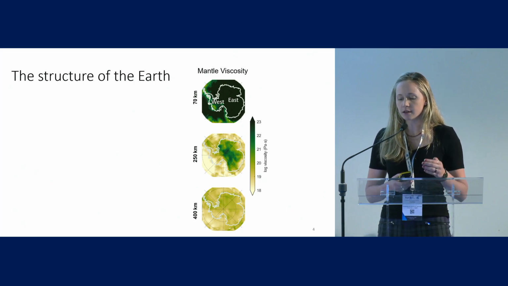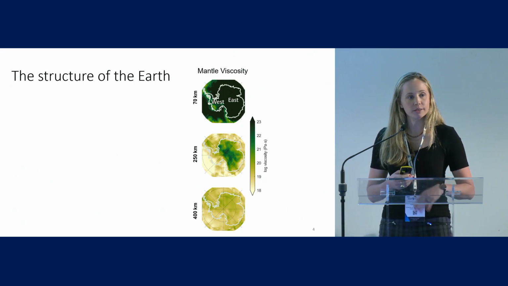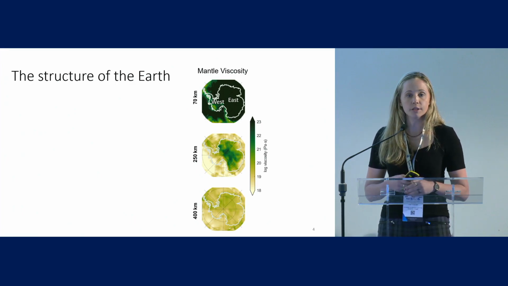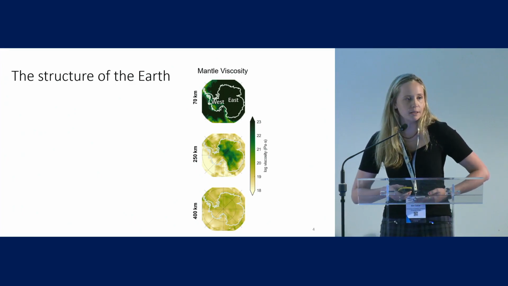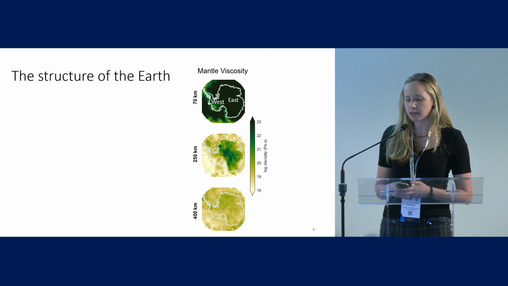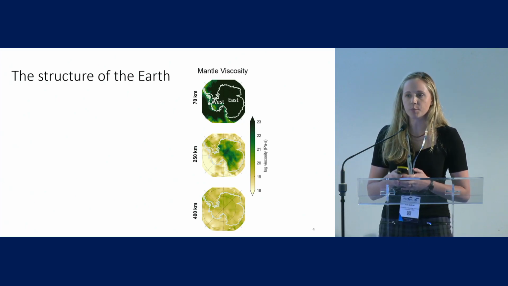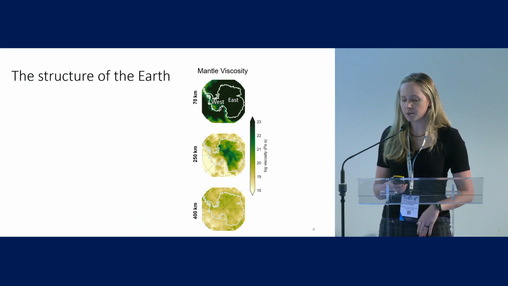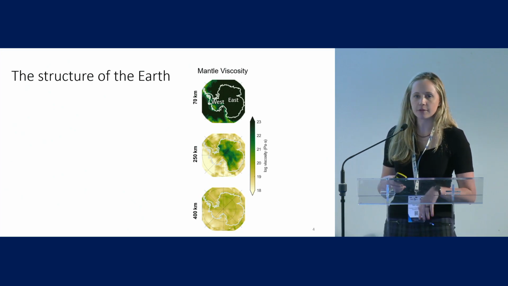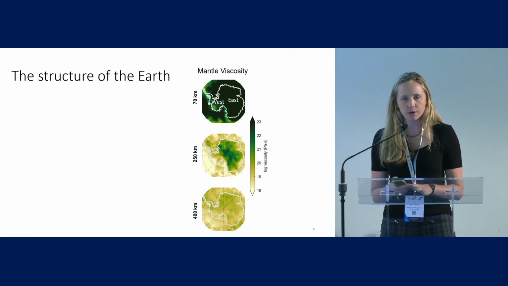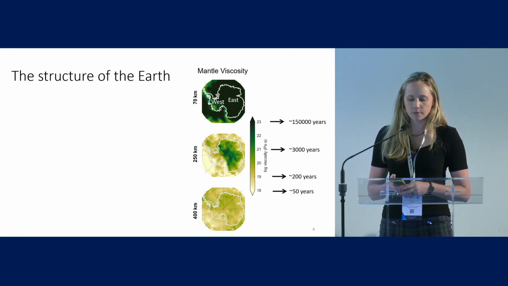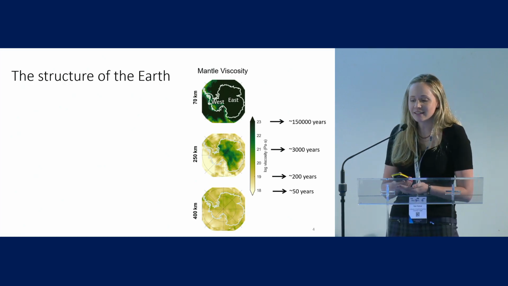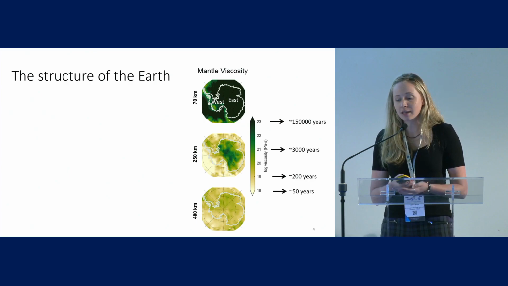In West Antarctica, already at 70 kilometers depth inside the mantle, you can see that the viscosity is quite low, which means that there is a viscoelastic delayed response, and the rest of East Antarctica, for example, is still responding elastically in that part. And then when you go deeper inside the Earth, for example, all the way at 400 kilometers, it is already more homogeneous. So we can kind of correlate this to what would be the response time.